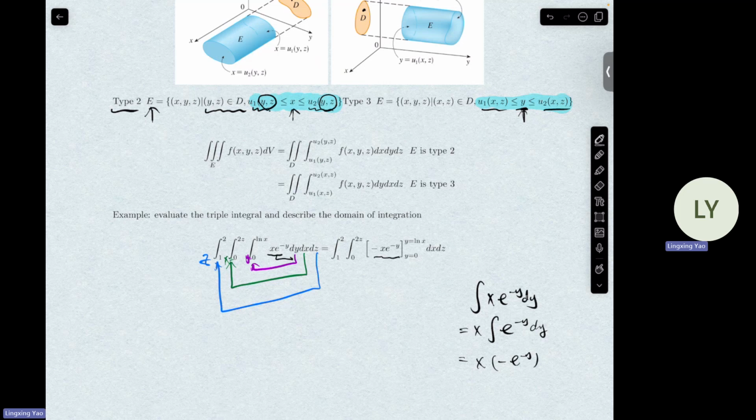We evaluate this antiderivative at the two values for y. The lower limit for y is 0, and the upper limit of y is log of x.